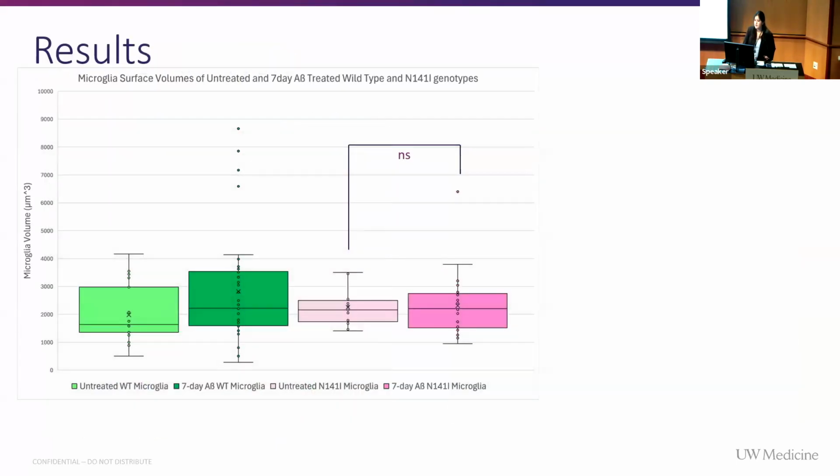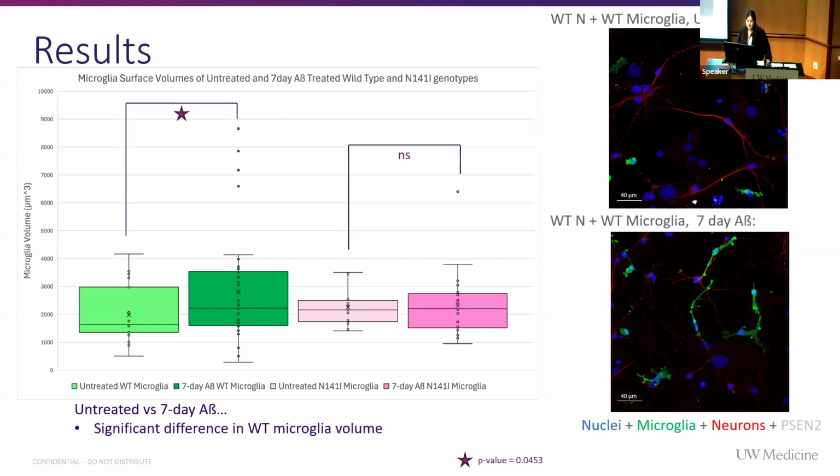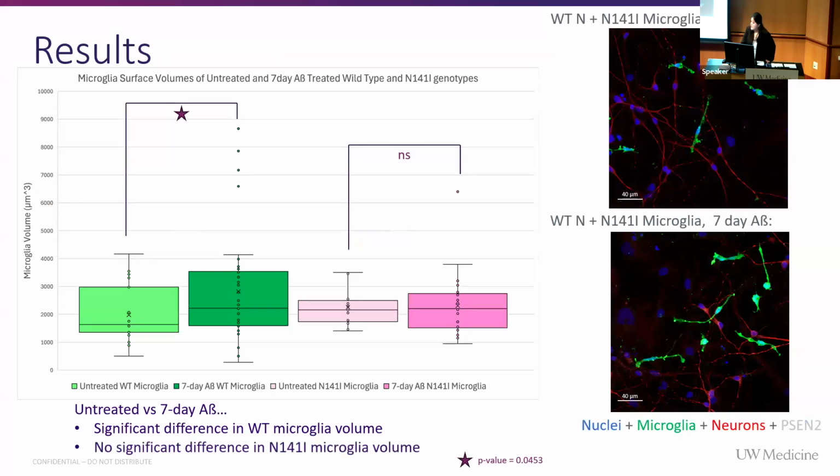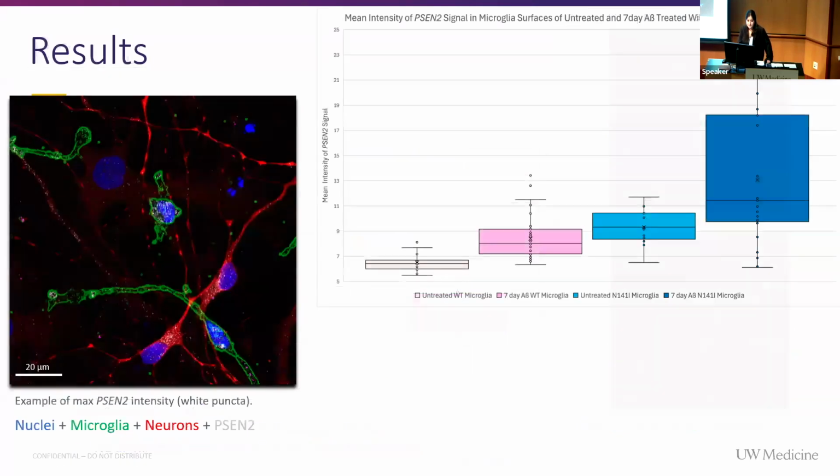For our first results, focusing on the volume of microglia surfaces, we found that for our wild type microglia, there did seem to be a change in volume after the amyloid beta treatment. Here, the green shades are the wild type microglia. But we did not find a significant change in our mutant microglia. So there was no significant volume change. For our other results, we looked at the intensity of PSEN2.